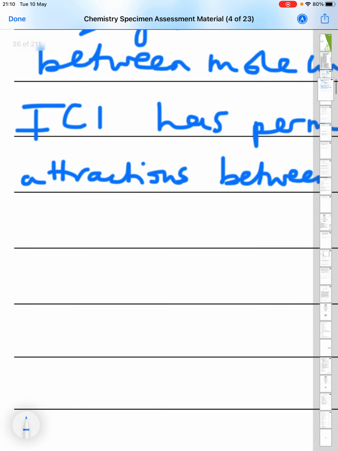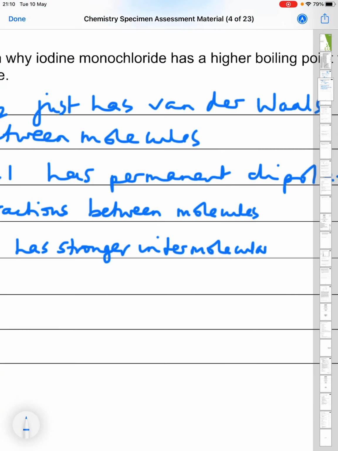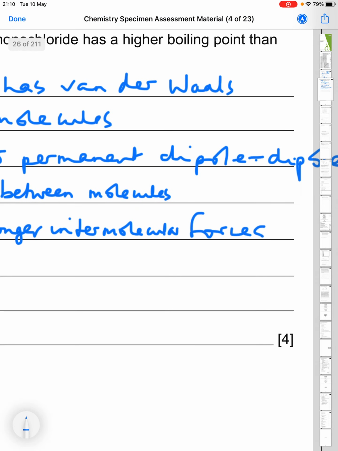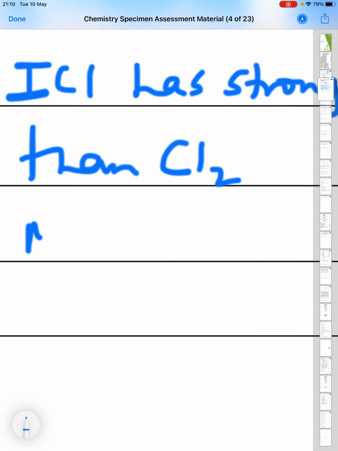So the ICl has stronger intermolecular forces than the chlorine, because the dipole-dipole interactions are stronger than just the van der Waals.